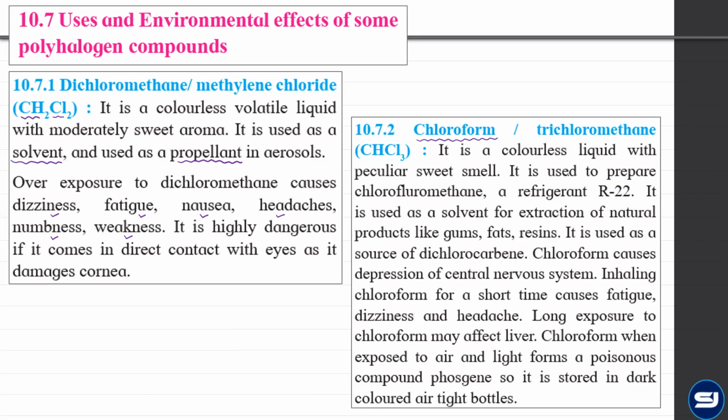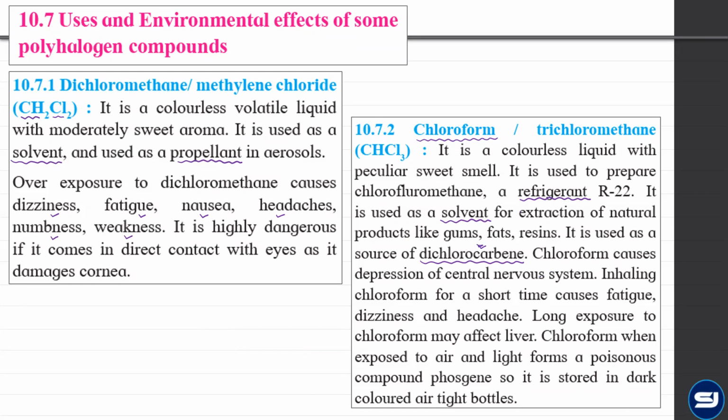So यहाँ पर it's used to prepare chlorofluoromethane, which is a refrigerant in the name of R22. It is used as a solvent for extraction of natural products like gums, fats, resins. It is used as a source of dichlorocarbene. आगे के रिएक्शन में देखेंगे डाइक्लोरोकार्बिन क्या होता है.